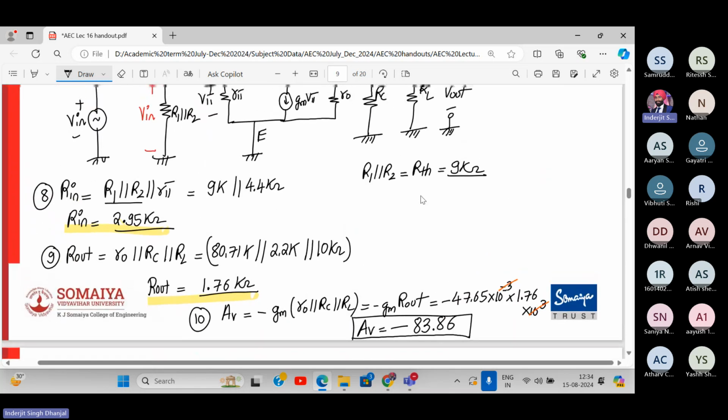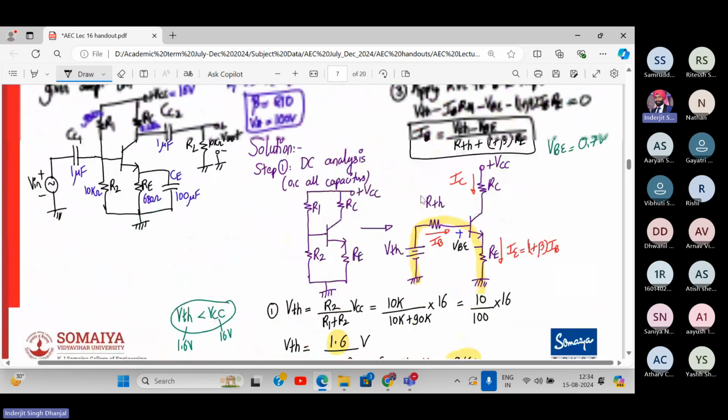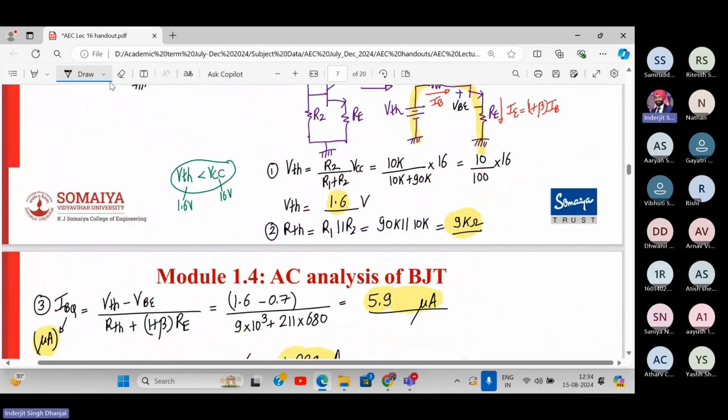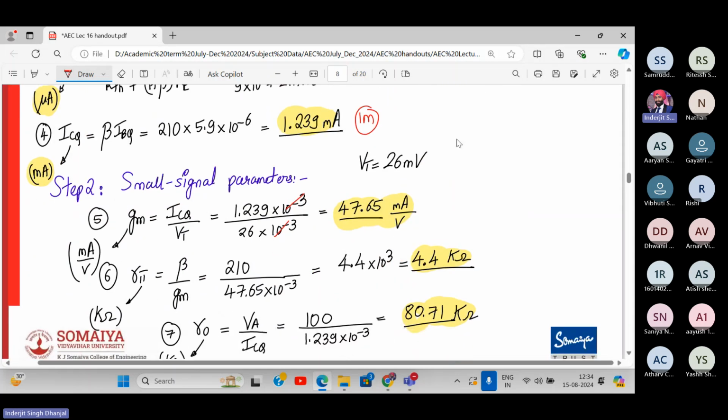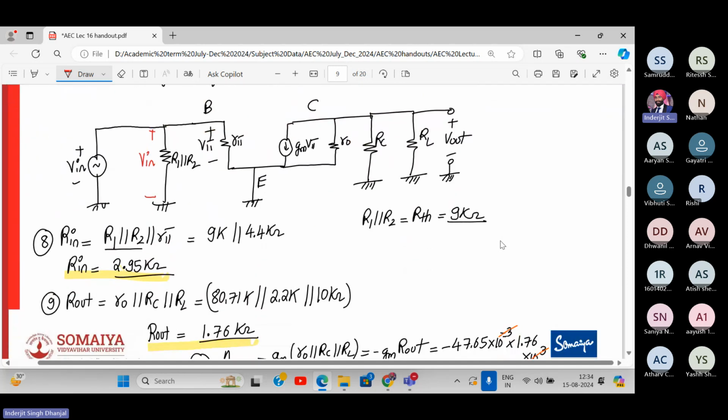I'll give you the weightage of marks also for this. To get these values, you have 1 mark. To get the value of IBQ, 1. These two are 1 each. This is 6. Sometimes they give marks for drawing the circuit also.